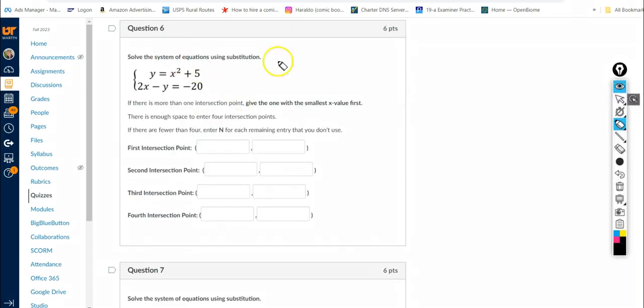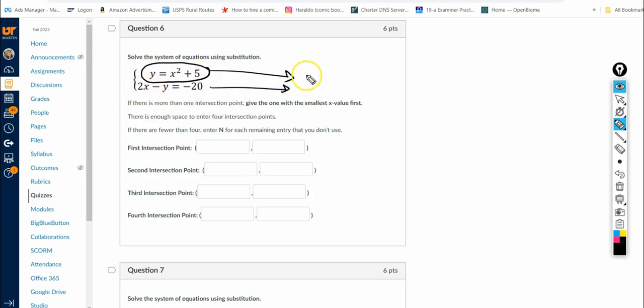All right. Solve the systems of equations using substitution. Okay, let's see what we have here. I'm going to substitute x squared plus 5 in for y in this second equation.